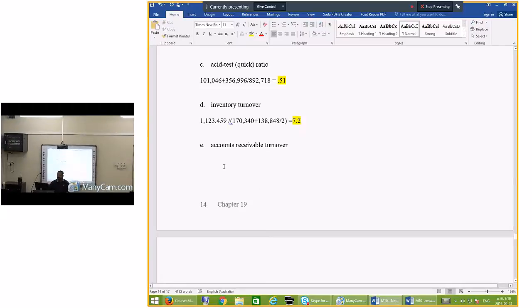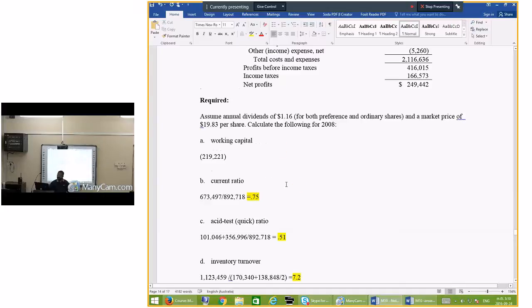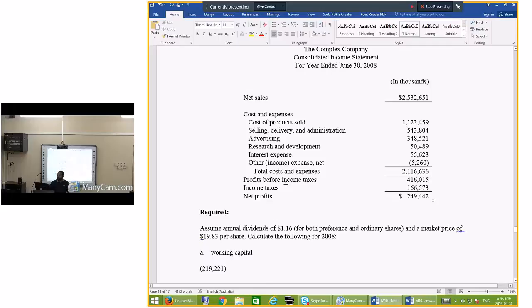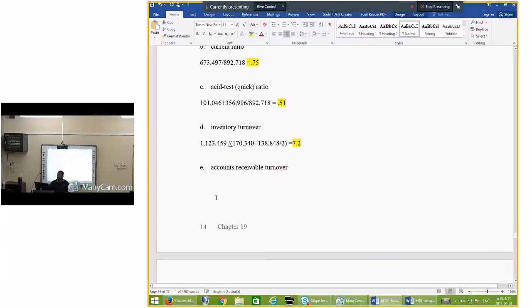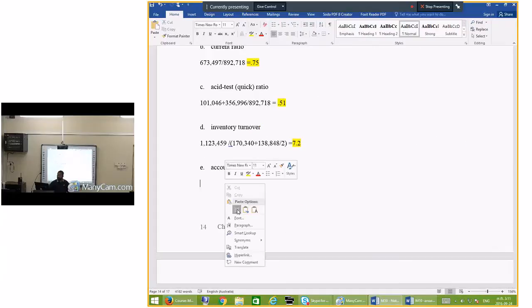Accounts receivable turnover. Credit sales divided by average debtors. Credit and cash sales are not defined, therefore we take all net sales as credit sales.